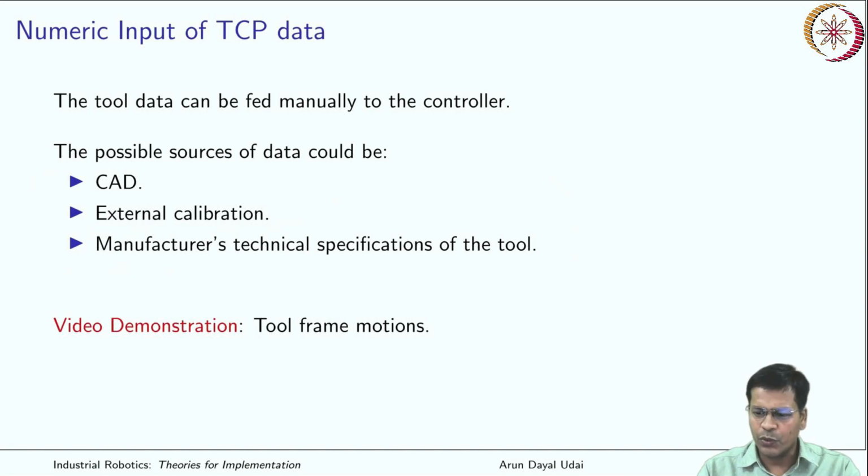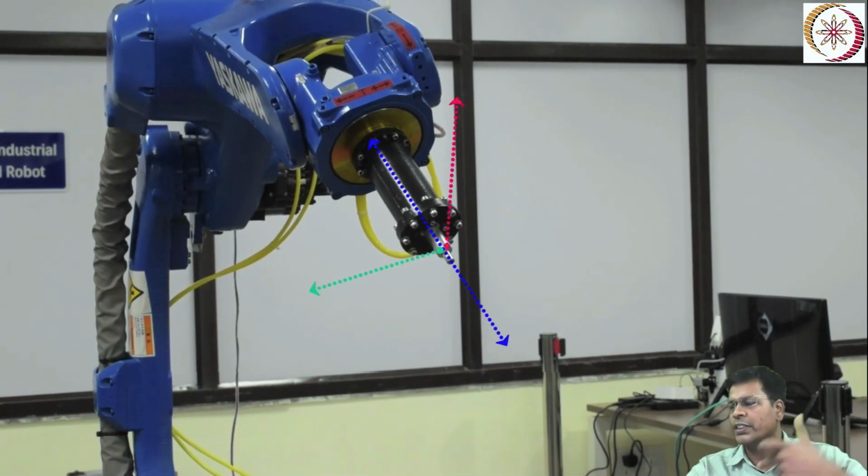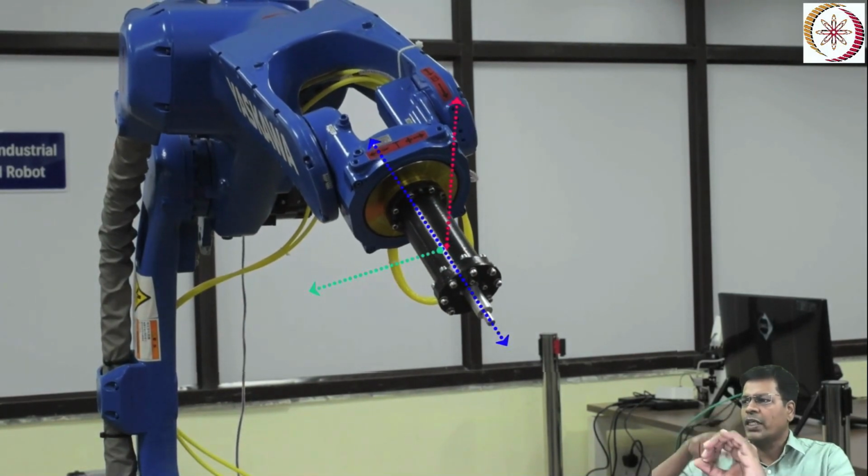Okay, so I'll show you some video demonstration now for this. What is the result of doing TCP calibration, that is the tool tip origin calibration and tool tip orientation calibration? The first video here will show you a motion in the tool frame. So now it is moving along the tool centerline axis.